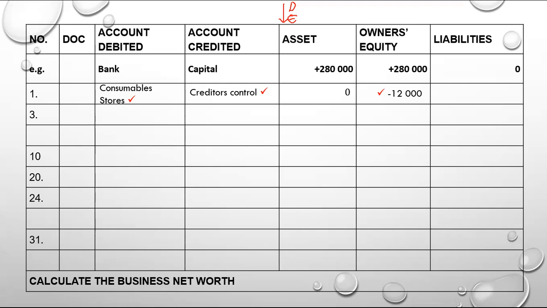Got that? All right. So basically here, under liabilities, I'm going to have plus 12,000 Rand because we are owing a person more. Why are we owing this person more? It's because we bought goods on credit from them. Got it, guys? Good.